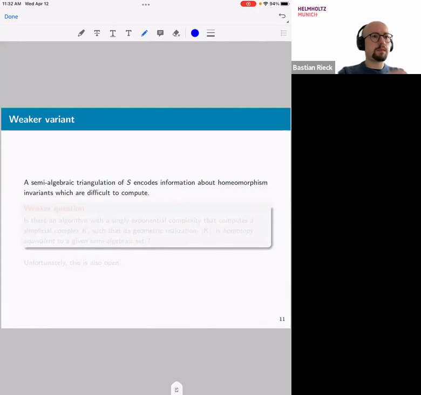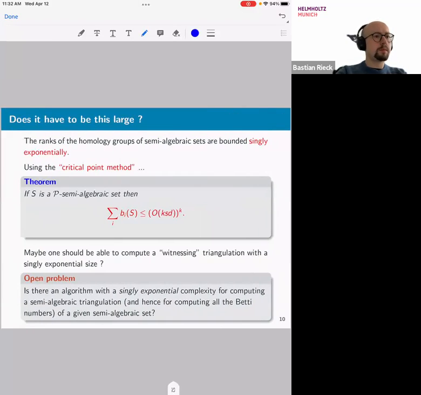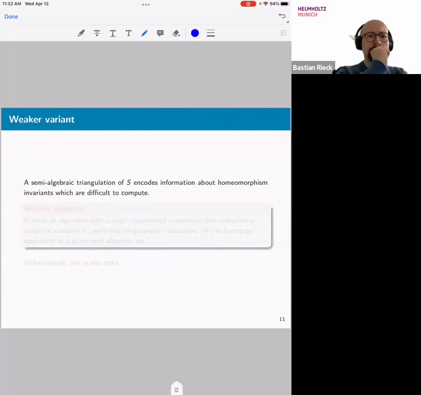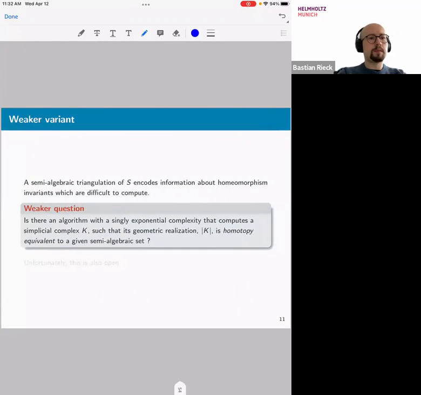Since we do not know the answer to that question, maybe we should look for something weaker. Semi-algebraic triangulation, of course, encodes information about all homeomorphism invariants, which may be difficult to compute. So maybe we can ask a weaker question: can you compute a simplicial complex whose geometric realization is homotopy equivalent? And maybe now we can produce a simplicial complex which is singly exponential in size.